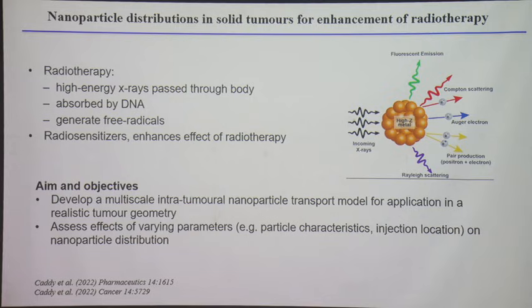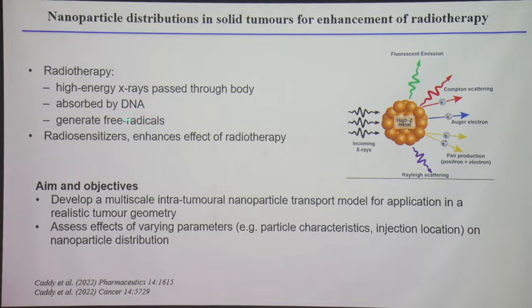So I'm not an expert in radiotherapy, but this is what we usually know about radiotherapy. It uses high energy X-rays that pass through the body, and so it can be absorbed by DNA and generates free radicals.